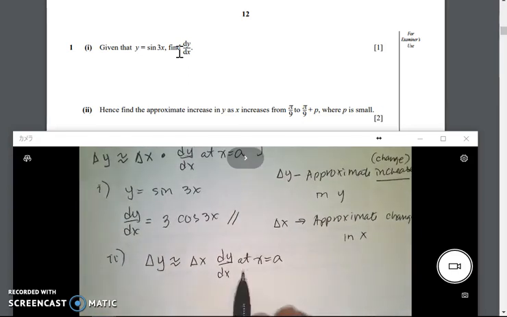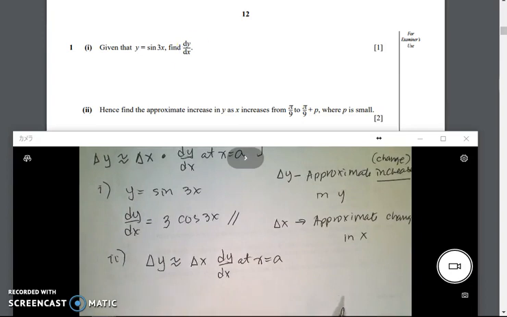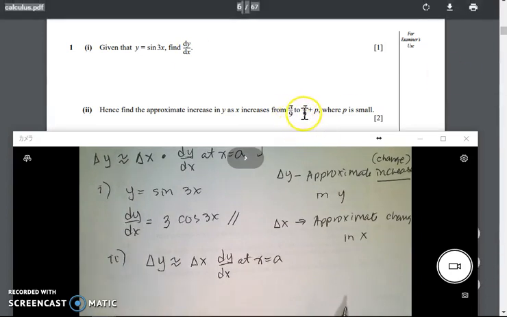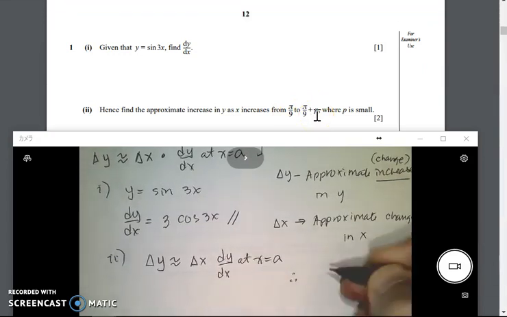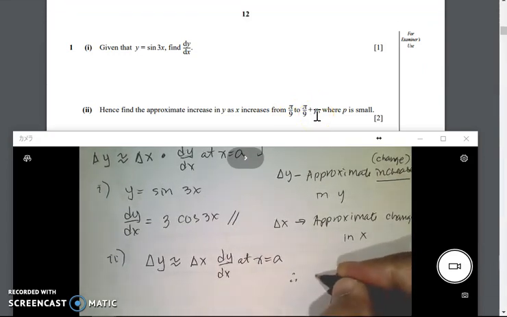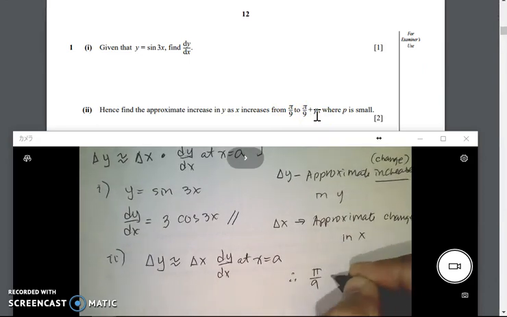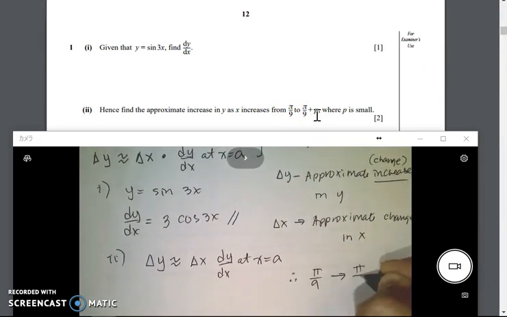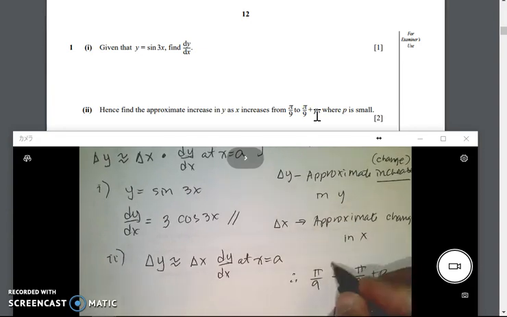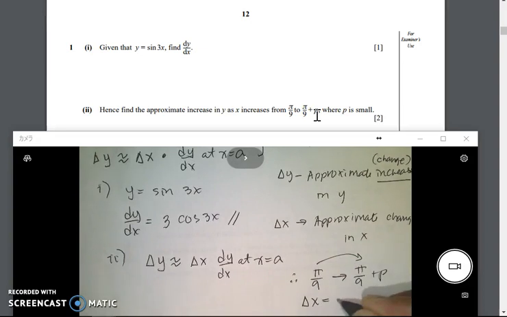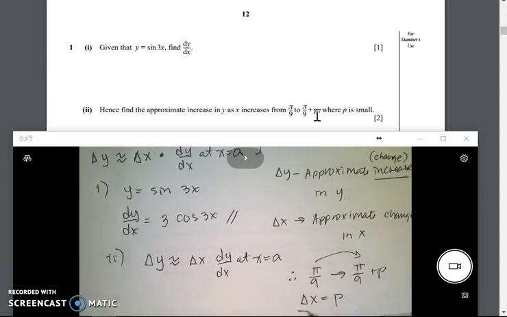So you need to find first that delta x. What is that delta x? In the problem, it says x increases from pi over 9 to pi over 9 plus p. So the delta x is actually equal to p, because the second value is increased by p.